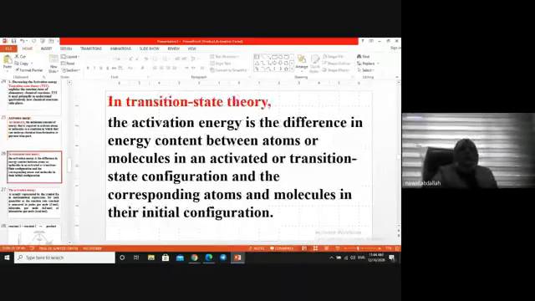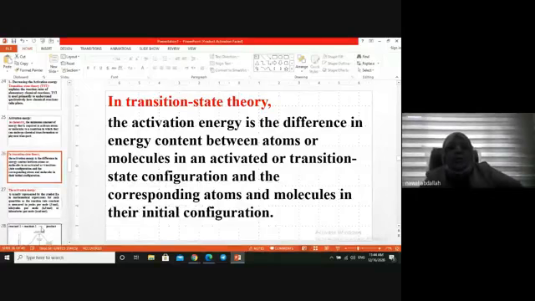In transition state theory, the activation energy is the difference in energy content between atoms or molecules in the activated or transition state configuration and the corresponding atoms and molecules in their initial configuration.